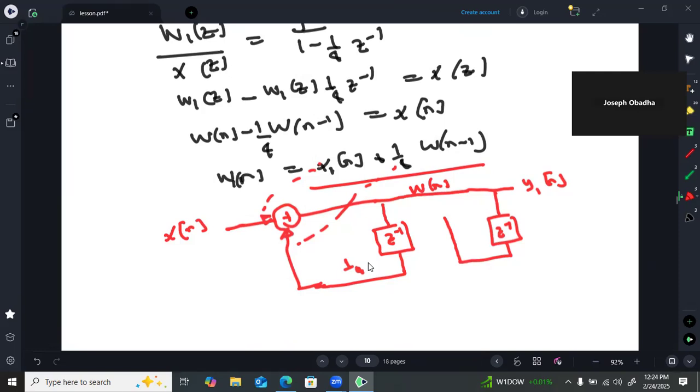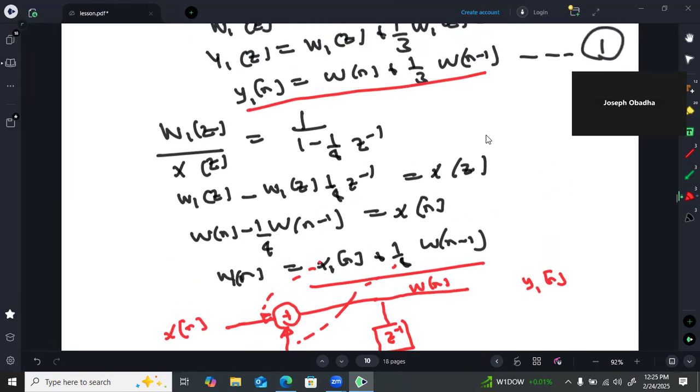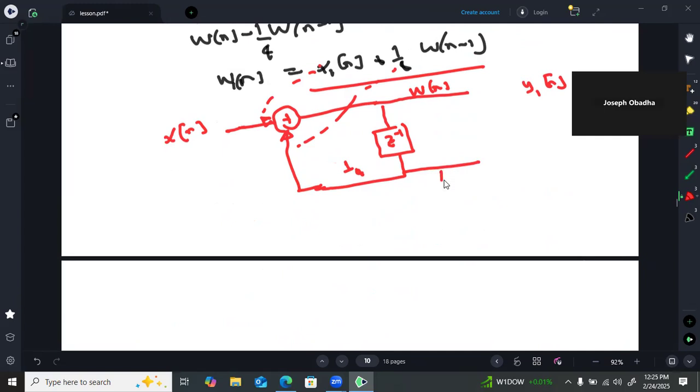We already have it, in fact I don't need another delay because I have w[n-1] here. So what we have here is w[n], and I need a third of w[n-1]. So a third here. Then we add them there, and I have this. So this is my H1(z), having the input here and the output here.